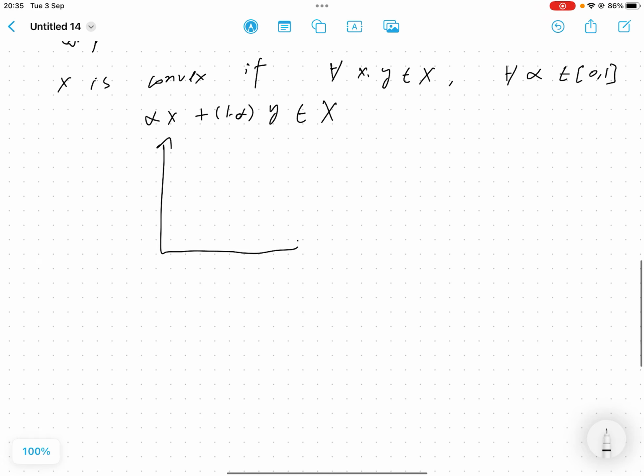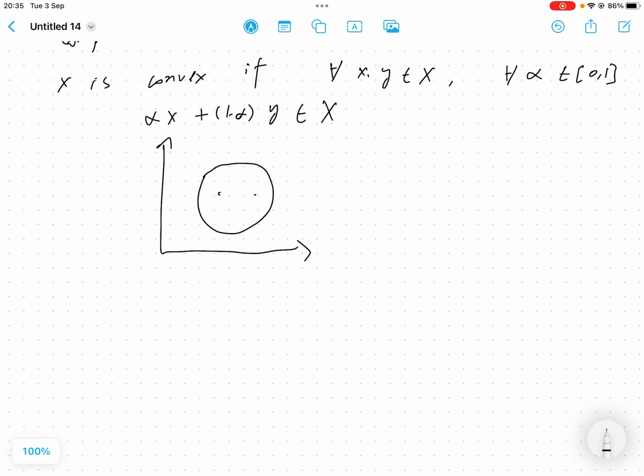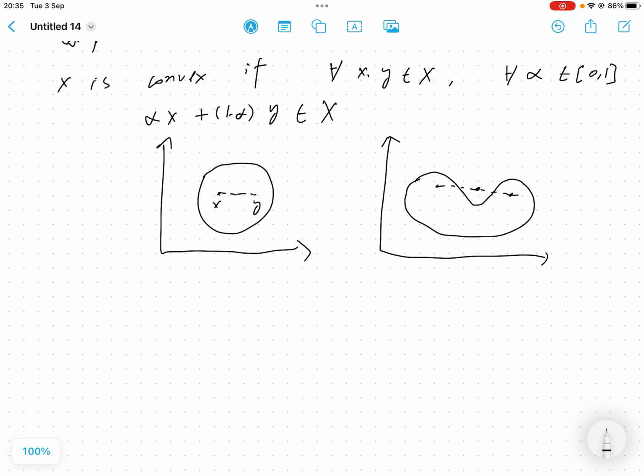So a set that looks like this would be convex, with points x, y. But if a set has some cavity here, then some point in the middle of the connection would be outside of this set X. So this would not be a convex set.